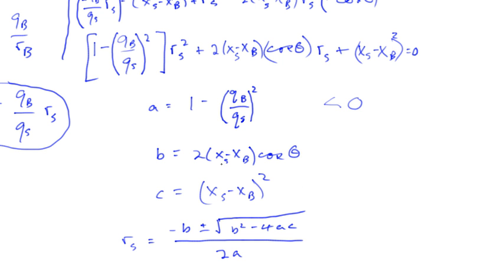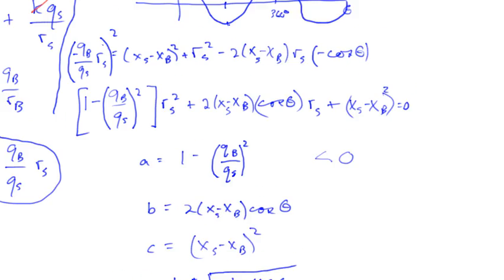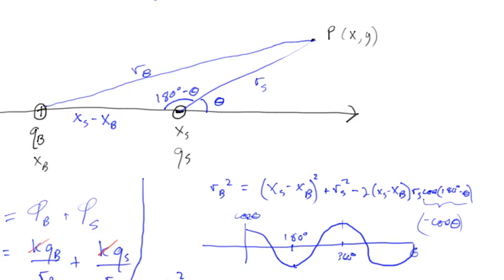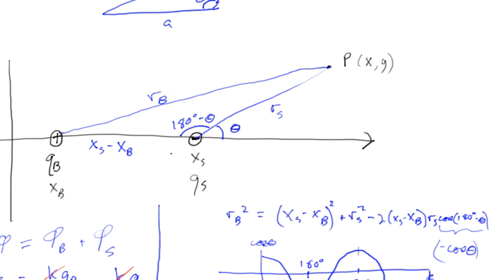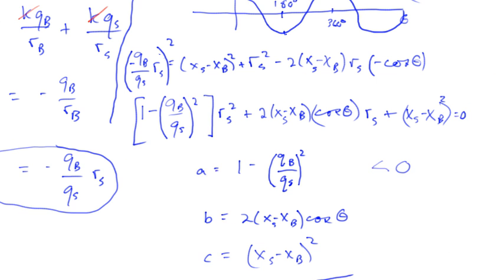This XS minus XB, I think what I'm going to do is go with the arrangement that I have. I mean, XB could conceivably be to the other side, but at least for the arrangement that I have, XS is greater than XB. In other words, the smaller charge is farther to the right.